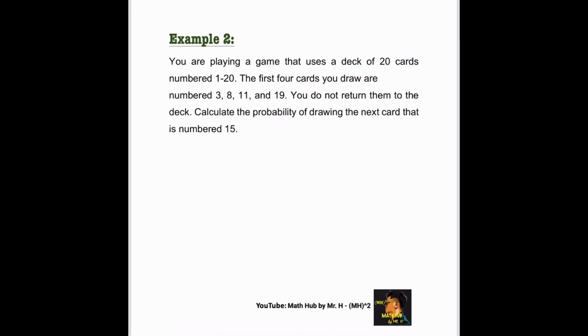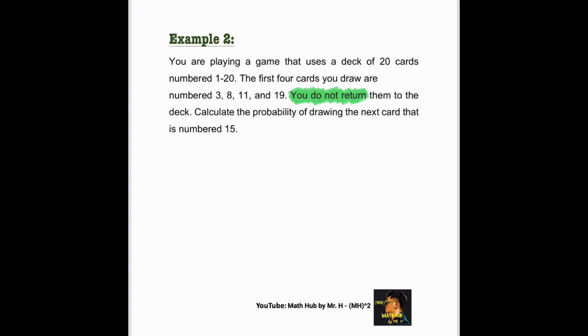And you are picking the next card, which is actually the 5th card, right? So that means we've already removed 4 from the deck. And take a look at this keyword: do not return.